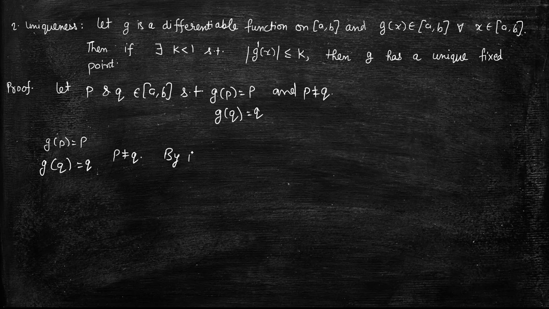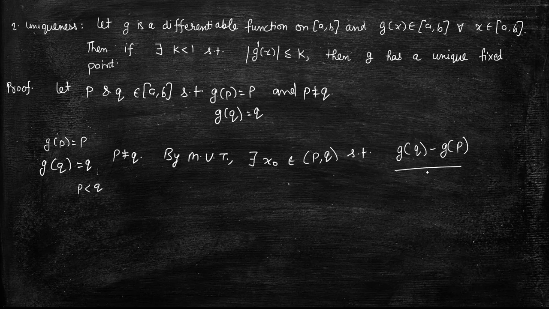By the mean value theorem, let us say p is less than q, there exists x naught belonging to (p, q) such that (g(q) minus g(p)) upon (q minus p) equals g prime x naught. This we can say from the mean value theorem. Now let us rearrange the terms.